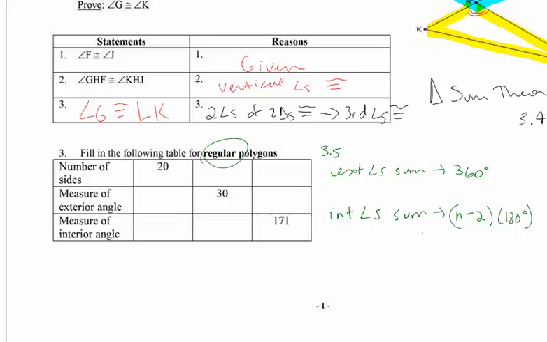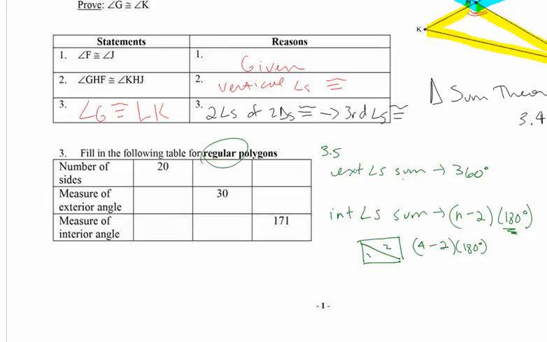Well, that had to do with how many triangles you can draw into your regular polygon. So let's say I had a quadrilateral with 4 sides. I can split it into 2 triangles. There's 4 sides. If I subtract 2 and multiply by 180, I end up getting 360 degrees total. And that held for all regular and convex polygons, actually.